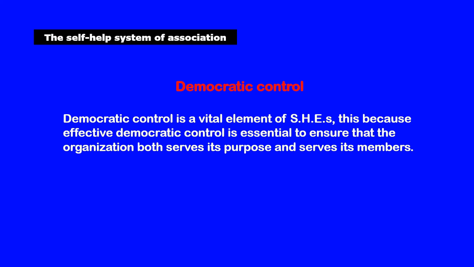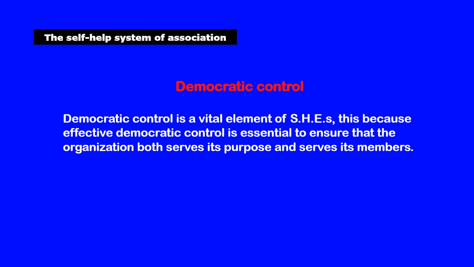It's important to remember that in SHEs, democratic control is a means to an end and not itself an end. Democratic control is a vital element of SHEs. This is because it is essential to ensuring that the organization both serves its purpose and serves its members.